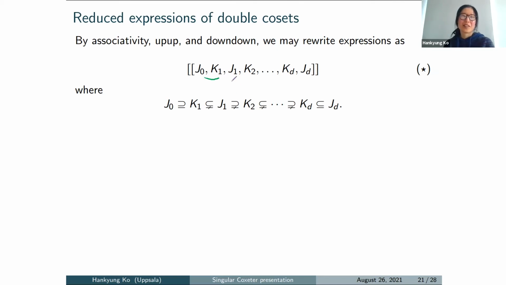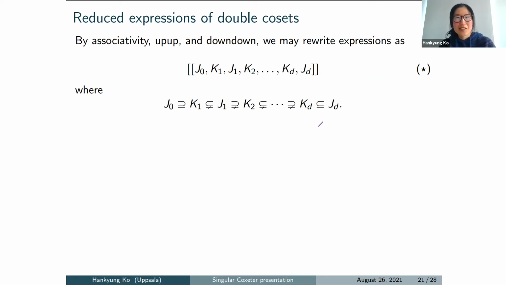And similarly for the next steps. So we can write any expression in this form where you alternate going down and going up, or subtracting and adding, or decreasing and increasing, depending on how you view it.